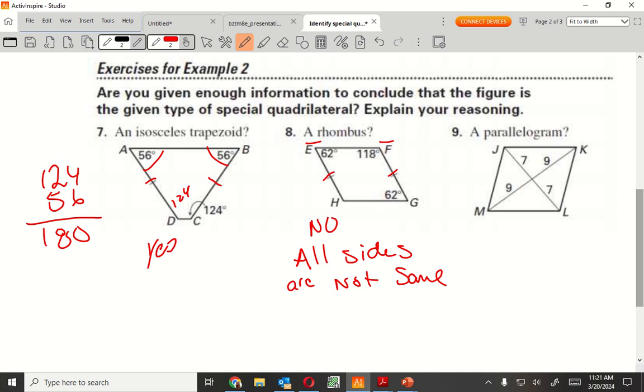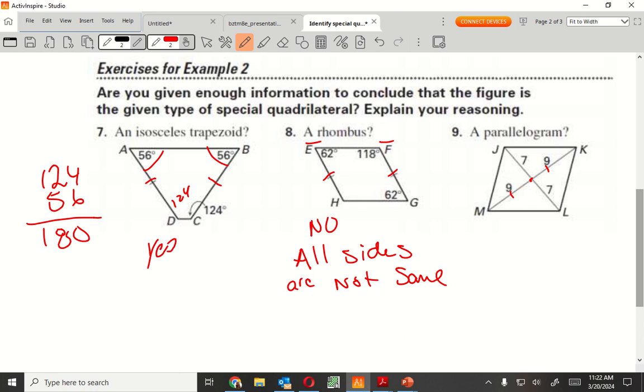9, is that a parallelogram? Yeah. Okay, in a parallelogram, what do we know? This is actually one of the extra properties about parallelograms, and it talks about the diagonals. What do we know about diagonals? The diagonals bisect each other.